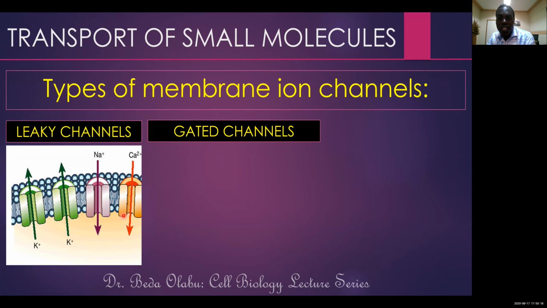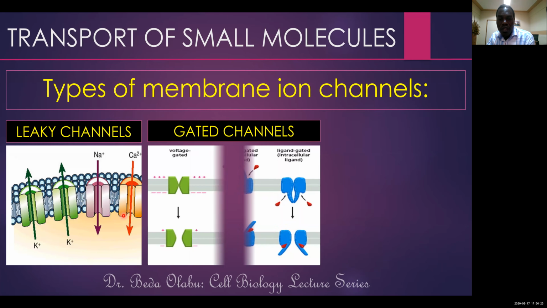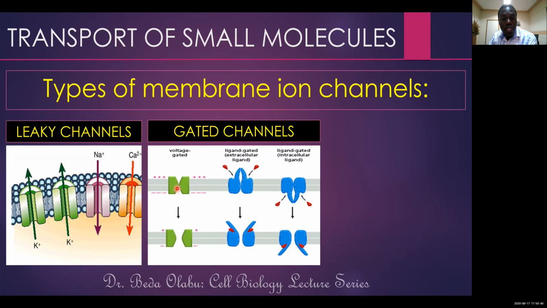We then classify gated channels based on what triggers them to open. There are some gated channels which are usually closed, yes, but they open up if there is electrical disturbance on the cell membrane. So like this green one, I hope it's green. We can see it's usually closed, but if there's some electrical change, compare this charge with this one, it means that there's some electrical change between this membrane and this membrane.